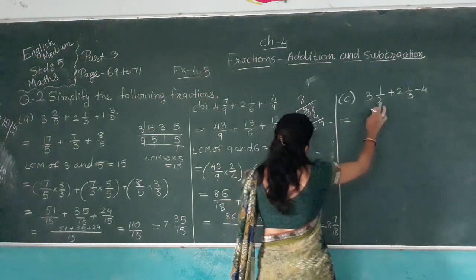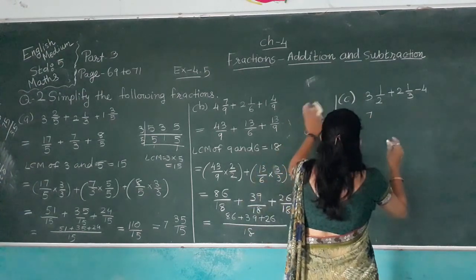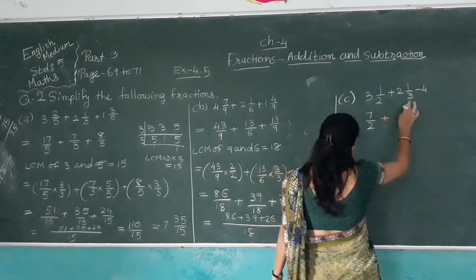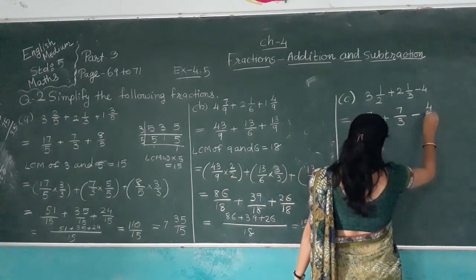Now next one, 2 threes are 6, 6 plus 1, 7. 7 out of 2 plus 2 threes are 6 plus 1, 7 out of 3 minus 4 out of 1.